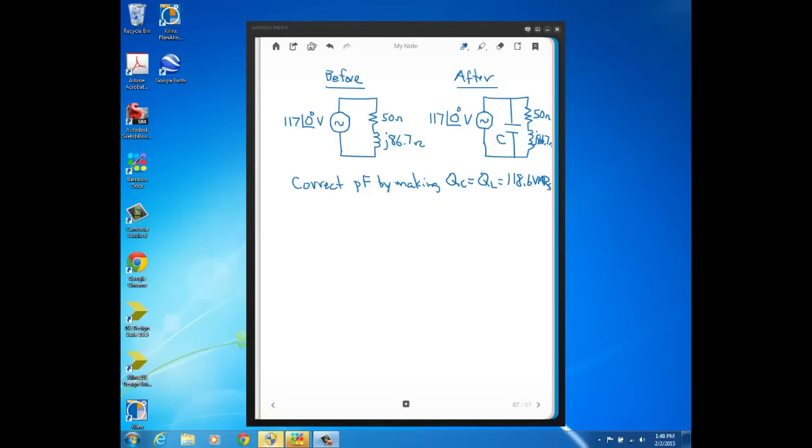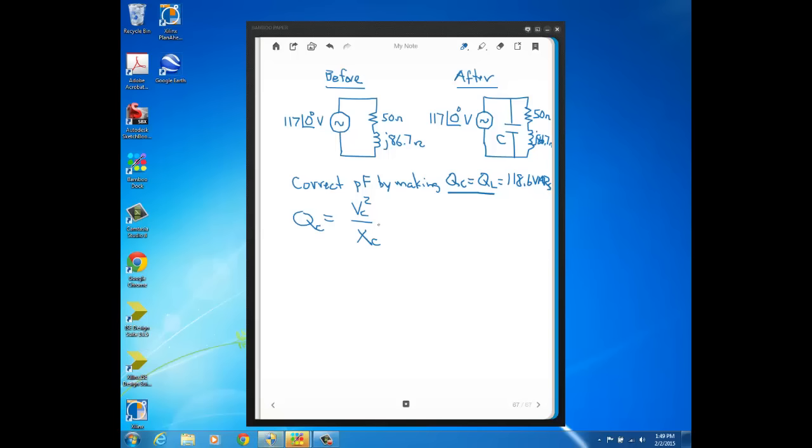And we do this by equating the capacitor reactive power to the inductive reactive power, which we calculated to be 118.6. Now if you look back a couple of videos ago, we had this expression for Q, that Q is equal to voltage squared divided by X. So for QC, this would just be the voltage across the capacitor squared divided by the reactance of the capacitor.